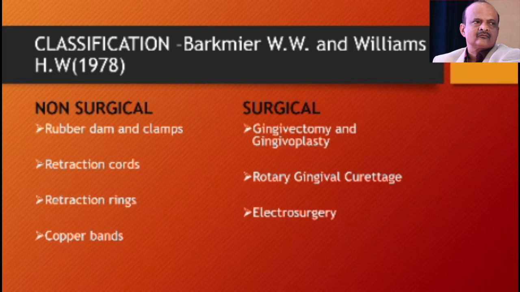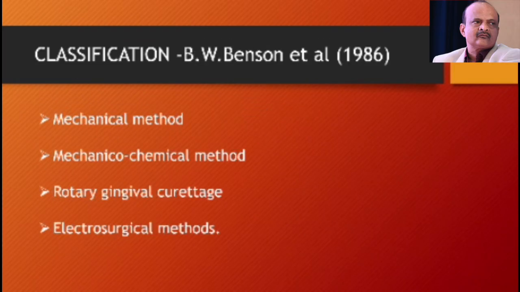Whereas in surgical, we have gingivectomy and gingivoplasty procedures, rotary gingival curettage, and electrosurgery. Another classification by Benson et al. in 1986 classified the methods as mechanical method, mechanochemical method, rotary gingival curettage, and electrosurgical method.